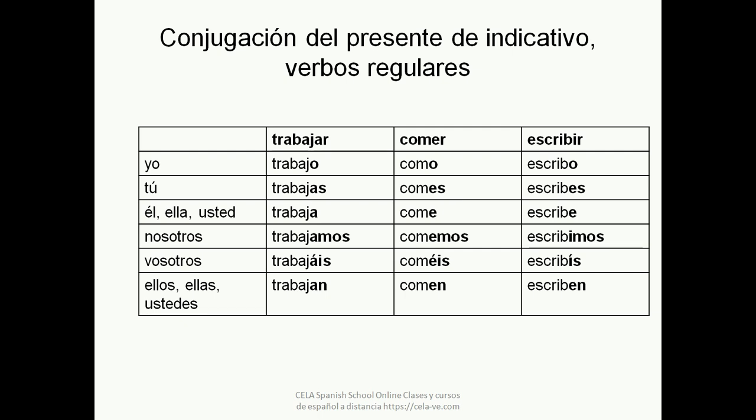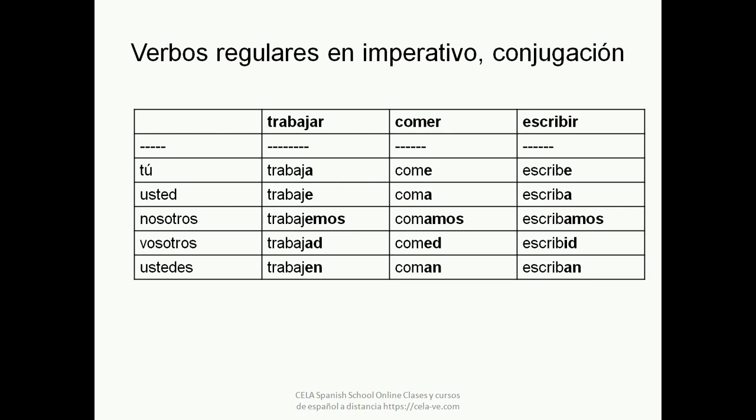In Latin American Spanish, we do not use vosotros, which would be the plural of tú. They use it in Spain to refer to more than one known person that we treat informally. We use ustedes. Let's see now the conjugation in the positive imperative for regular verbs.